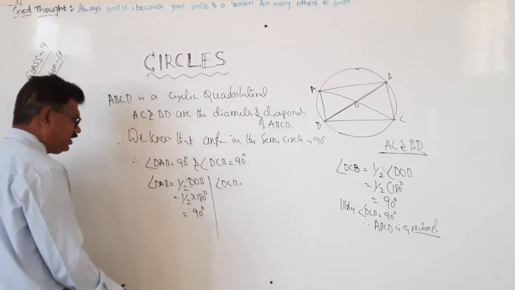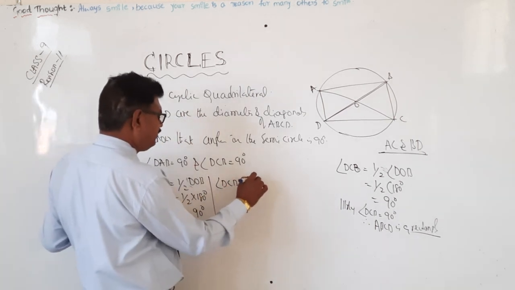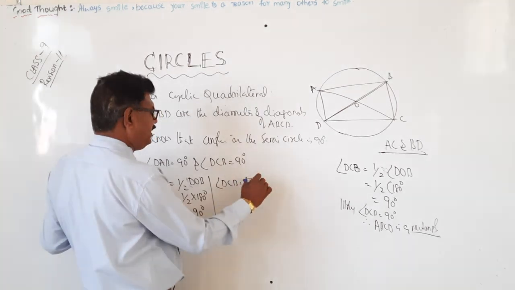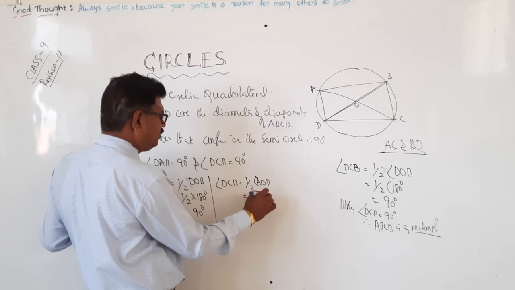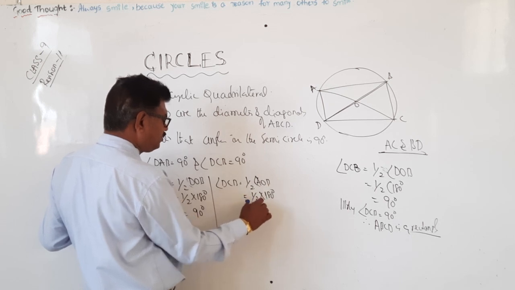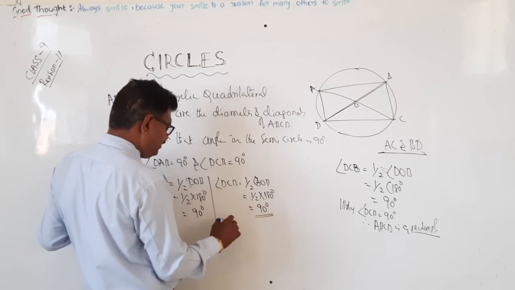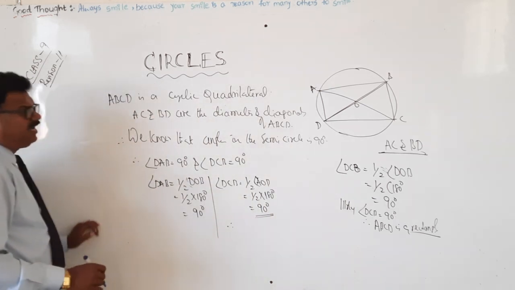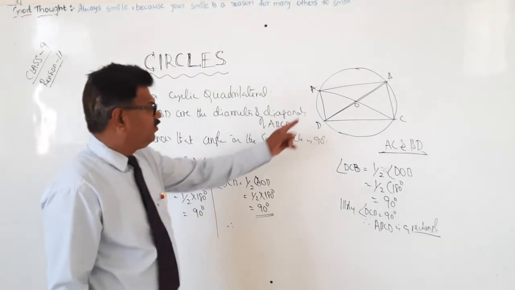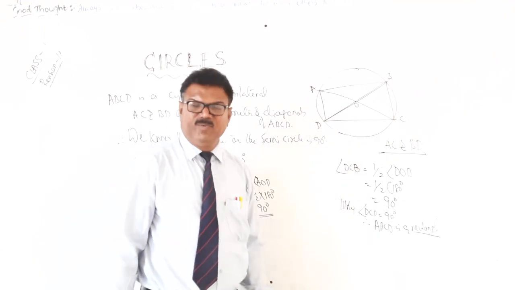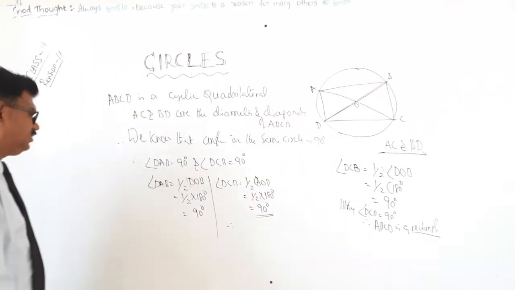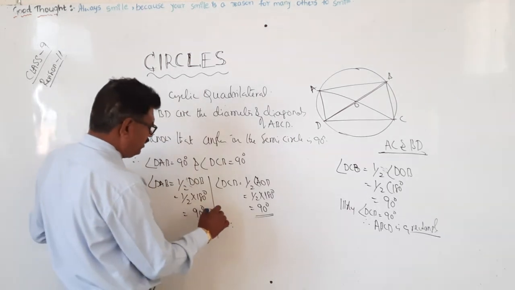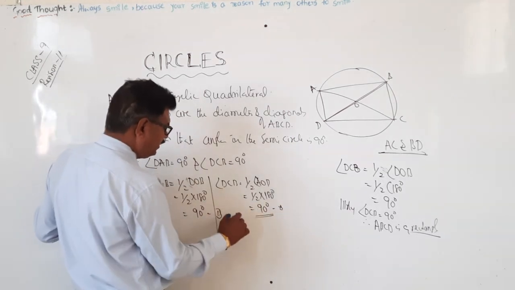DCB is also equal to half of AOB, and half into 180 is equal to 90 degrees. Therefore, if one angle is 90, then automatically all angles are also equal to 90 degrees.